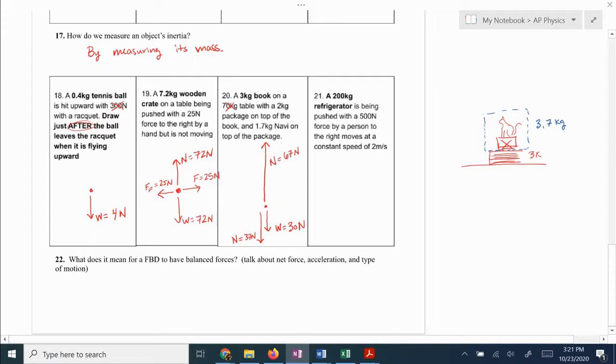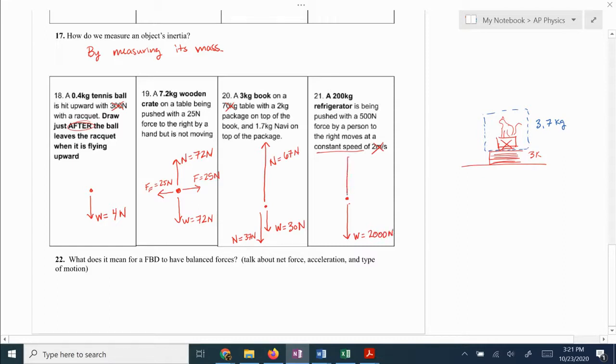And then we have this last one. A 200 kilogram refrigerator is being pushed with a 500 newton force by a person to the right, which moves at a constant speed. It doesn't matter what the constant speed is. Constant speed just tells us that it's moving and its net force is 0, meaning we have balanced forces. So we have the weight force of the refrigerator, which is 2,000 newtons.